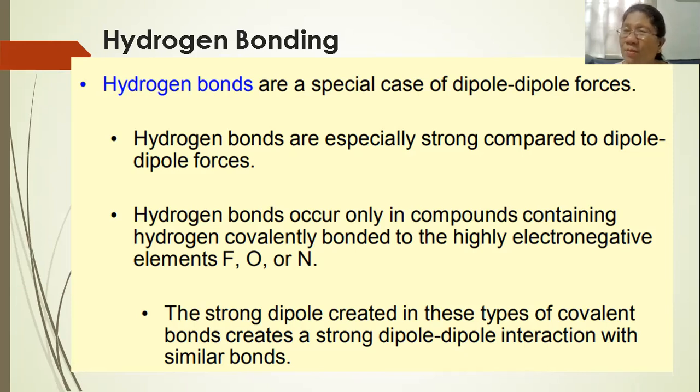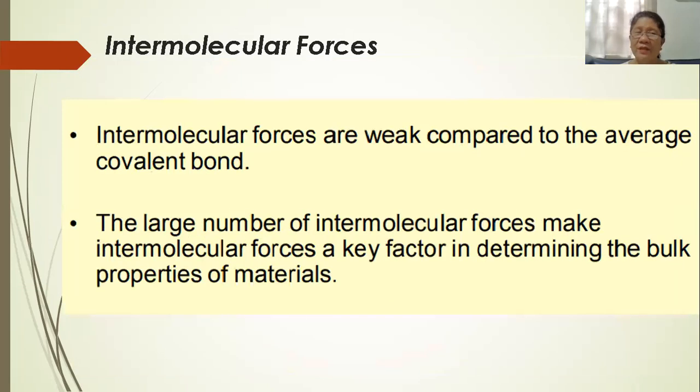What are examples of highly electronegative elements? Fluorine, oxygen, and nitrogen. If there is fluorine, oxygen, or nitrogen, there will be a possibility of hydrogen bonding. The strong dipole created in this type of covalent bond creates a strong dipole-dipole interaction with similar bonds.